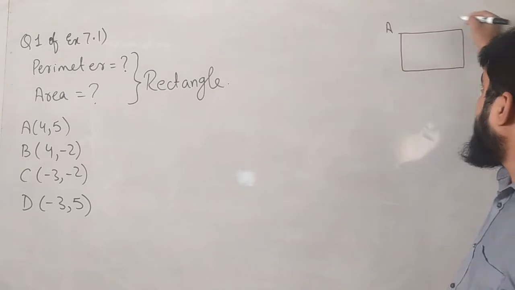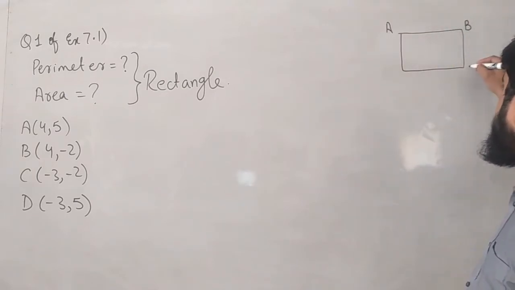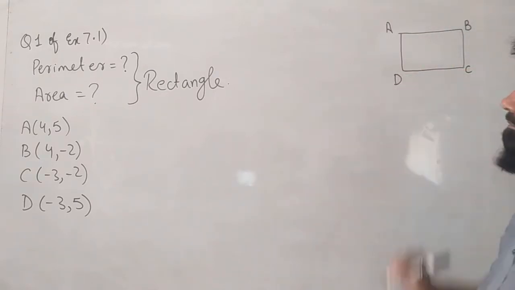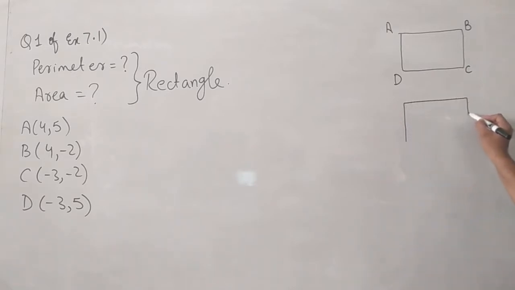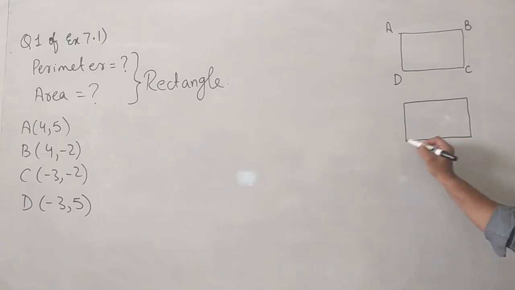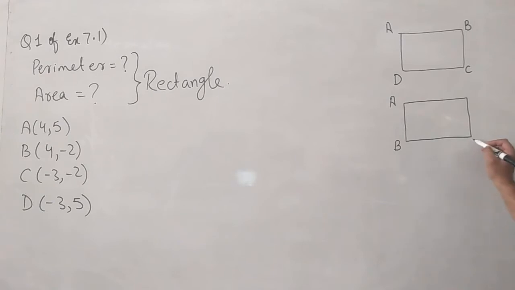Either you will write it A, B, C and D like this, or A, B, C, D like this.